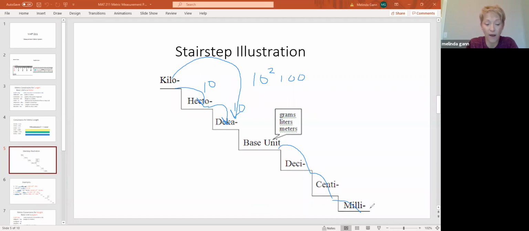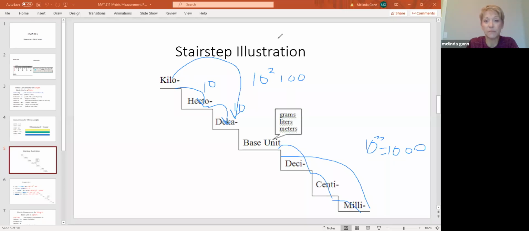So if you're going to go all the way from here to there, I want you to count how many steps you walked. 1, 2, 3. In other words, 10 to the third, which is 1,000. So there are 1,000 millimeters in a meter.